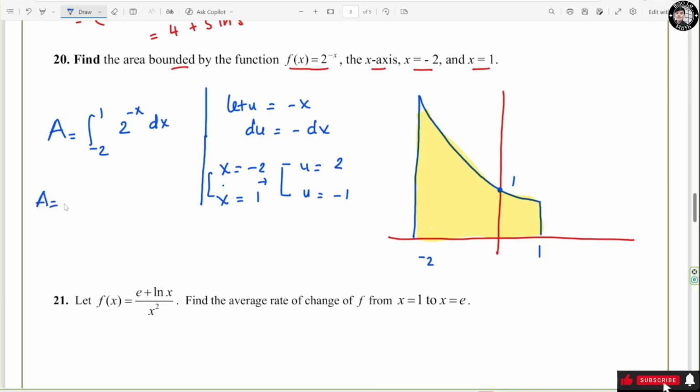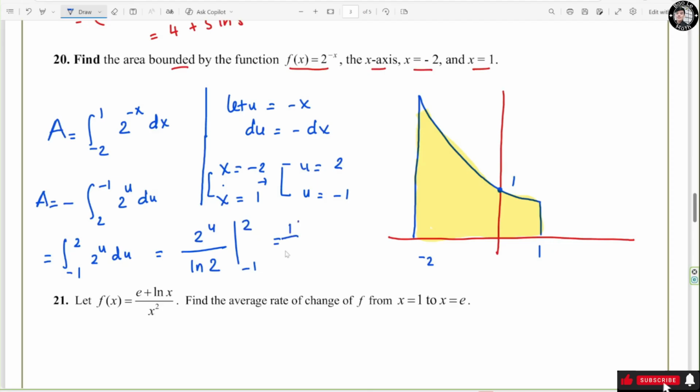It becomes negative integral from 2 to negative 1 of 2 to the u du. So it could be the integral from negative 1 to 2 of 2 to the u du. So it could be 2 to the u over ln of 2, evaluated from negative 1 to 2.